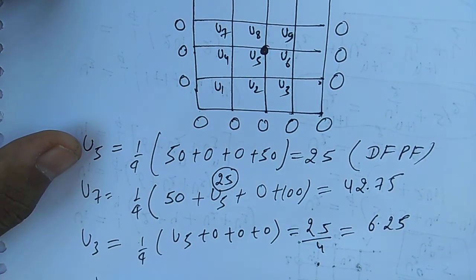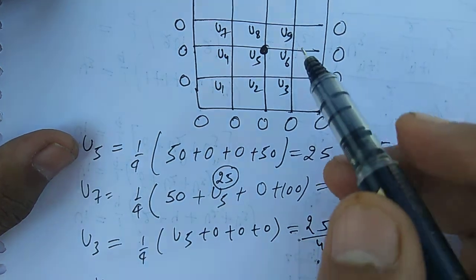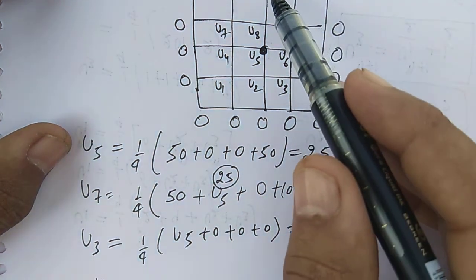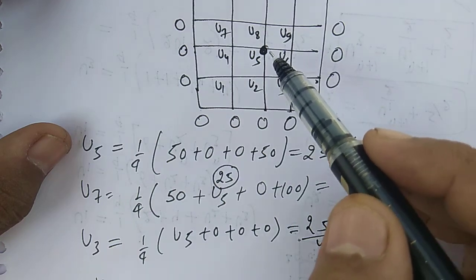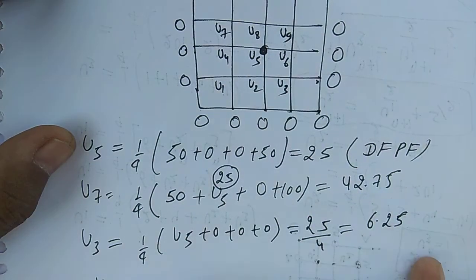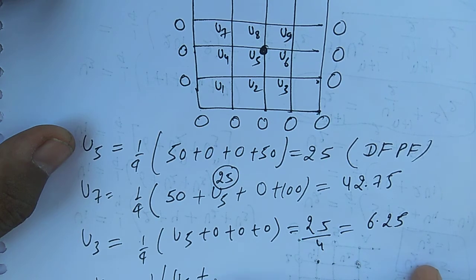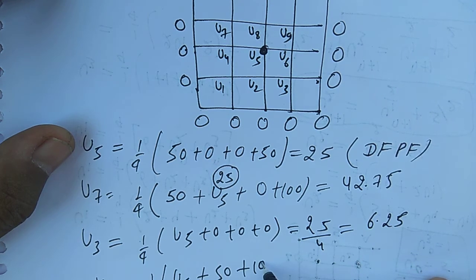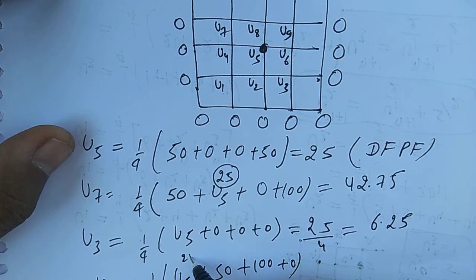Now we'll find u9. So u9 equal to 1 by 4 of 100, 0, u5, 50. So 1 by 4 of u5 plus 50 plus 100 plus 0, and u5 equal to 25.